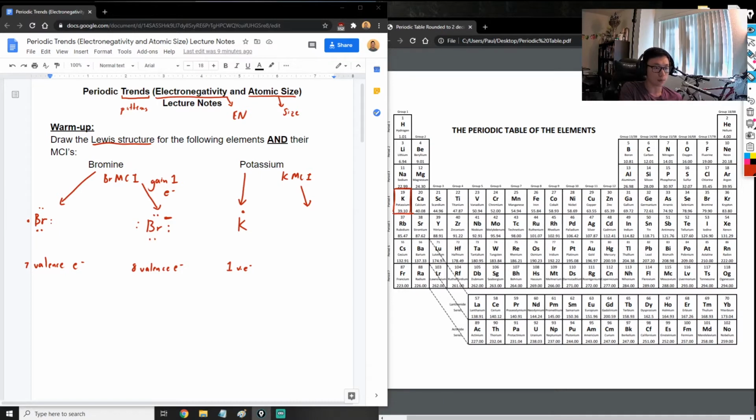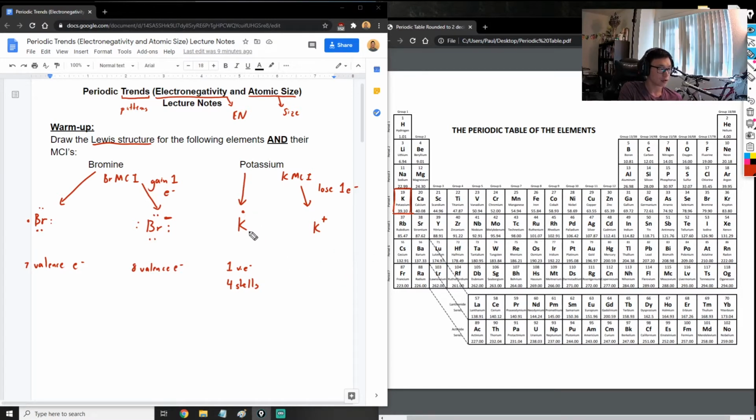So it's going to be the opposite of Br, because here we're going to want to lose 1 electron. Regular potassium has 4 shells because it's on the fourth row. But if we lose 1 electron, it's going to become more positive, so it becomes K+.